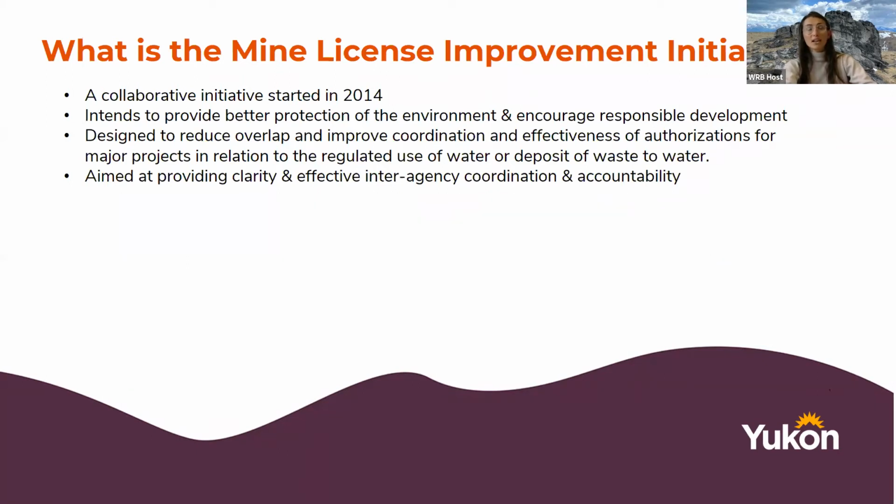And also it's aimed to provide clarity and effective interagency coordination. There's multiple players who typically work on these types of projects, and it is our hope that through these guidelines, it will assist in streamlining and coordinating many processes to make environmental management more effective.